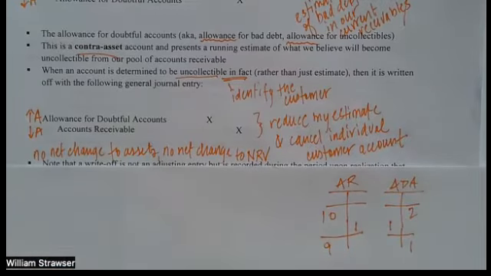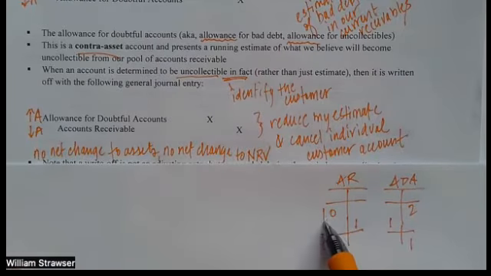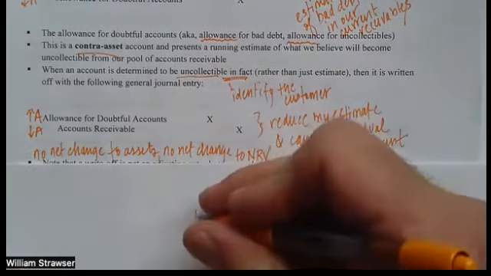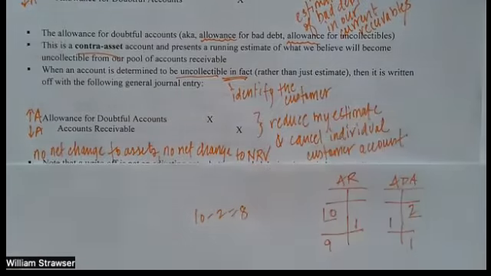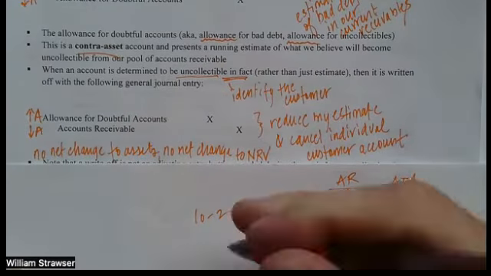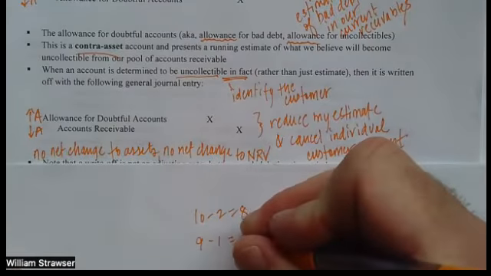Okay, now I can do a comparison. What was the net realizable value prior to the write-off? Prior to the write-off, it's these two numbers here, 10 and 2. 10 minus 2 is 8. After the write-off, what is my net realizable value? It's 9 minus 1. 9 minus 1 is still 8.